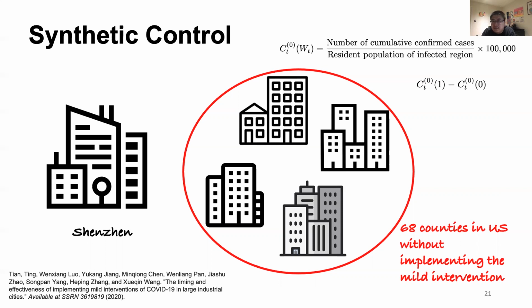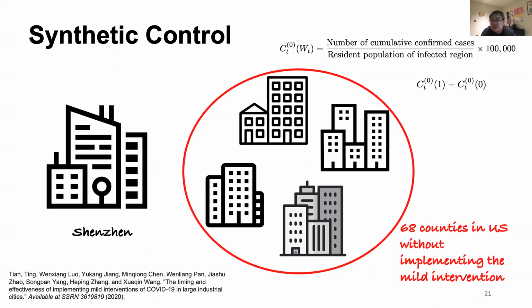So the potential outcome or the treatment effect can be estimated as C1 minus C0. And because you can only observe what happened if you implement the intervention, or what happened if you do not, you cannot observe both.